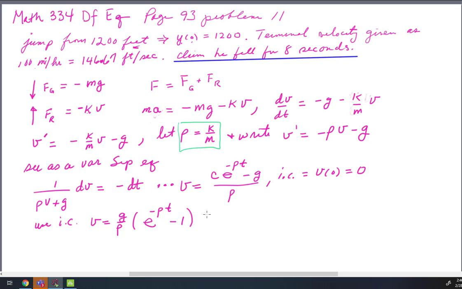because we know that he is going to reach terminal velocity, and we can calculate what the terminal velocity would be. In fact, we know what the terminal velocity is going to be. We're given, and that's what makes this whole thing work, we're given the terminal velocity. Now, what is the terminal velocity?